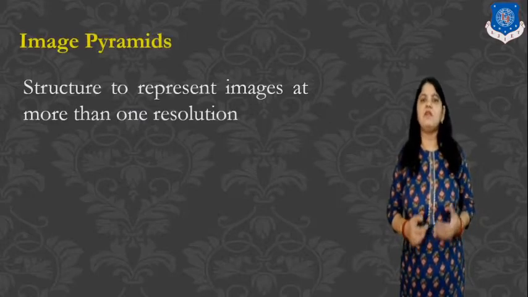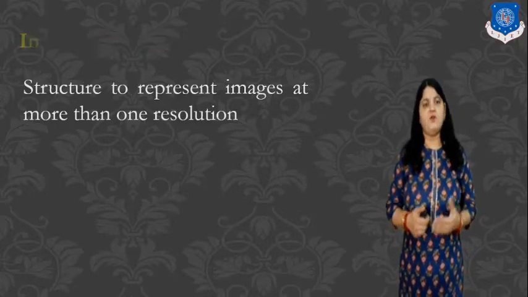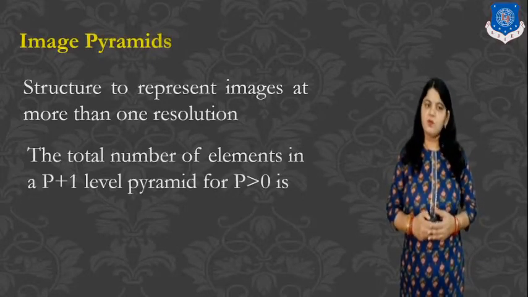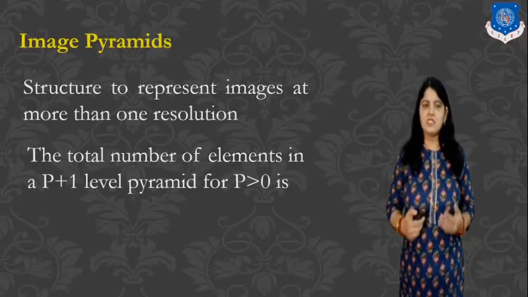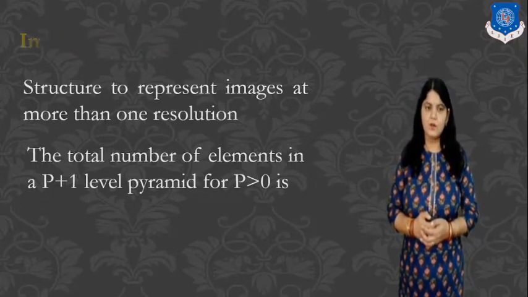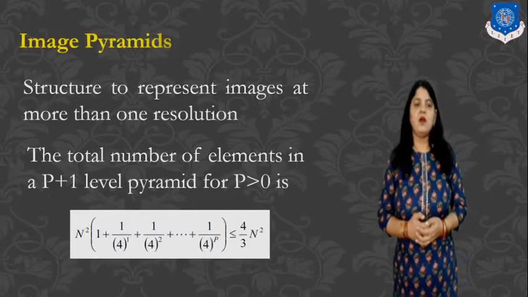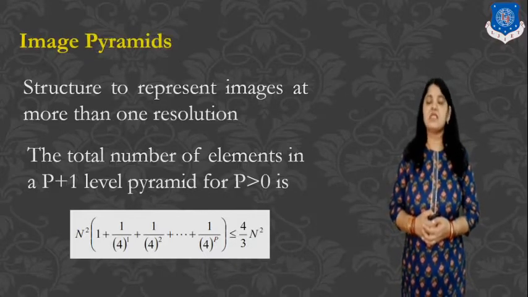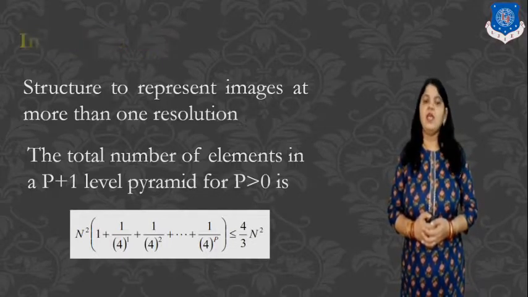Now what does this image pyramid represent? The image pyramid is a kind of structure which is used to represent images at more than one resolution, so you can see it is a multi-resolution structure. The total number of elements present in a P plus 1 level pyramid, for P greater than 0, is N square times (1 plus 1 upon 4 plus 1 upon 4 squared plus ... plus 1 upon 4 raised to P), which is less than or equal to 4 by 3 N square.